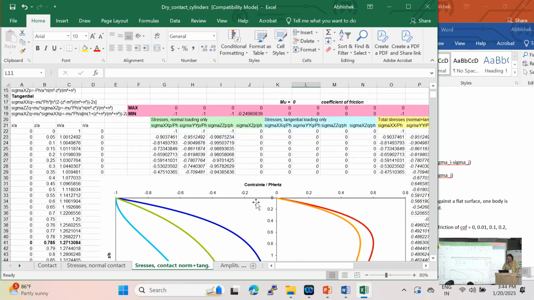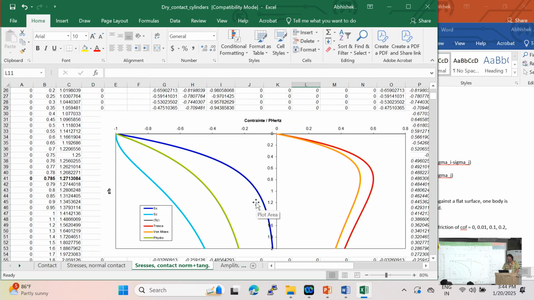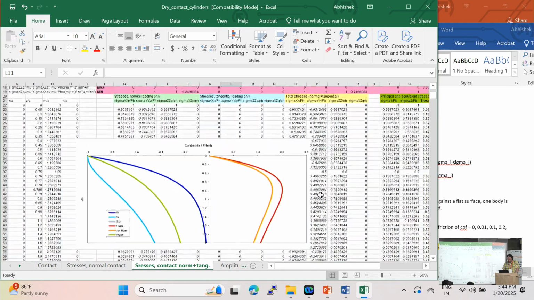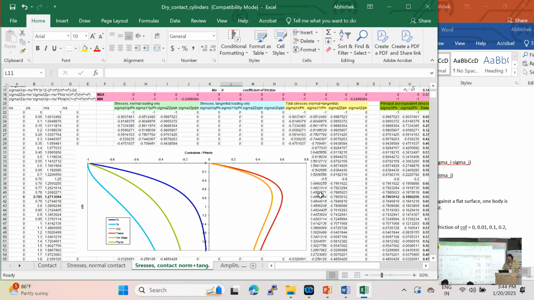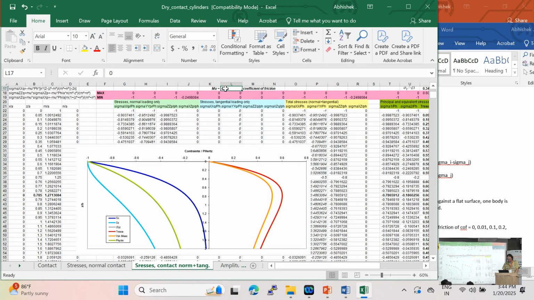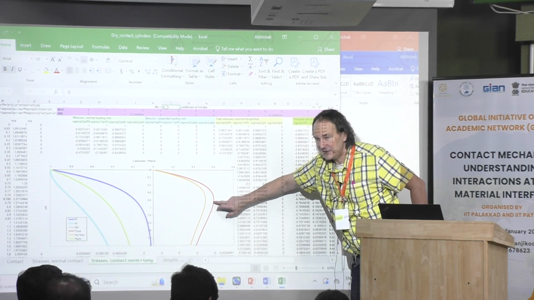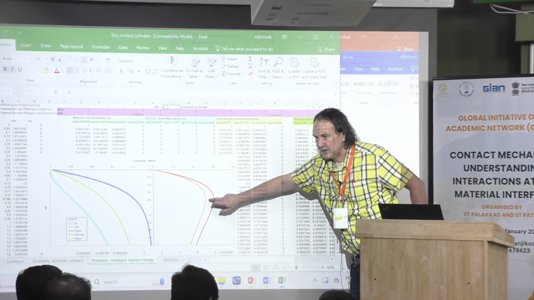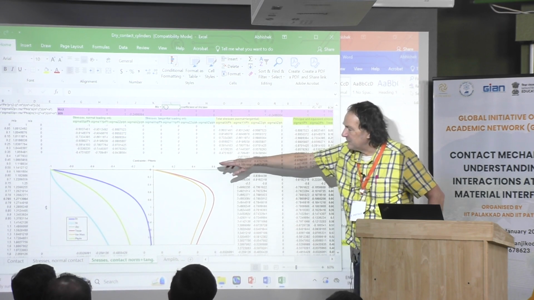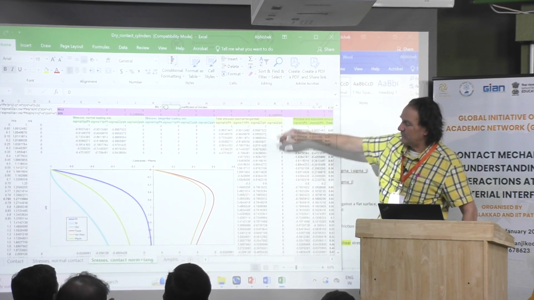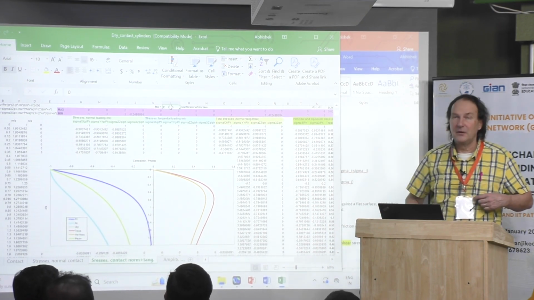Okay, this is the same figure. Now what is interesting is to see the change. Just have a look only at these two figures, the von Mises stress and the Tresca stress. Now observe what will happen if I change the friction coefficient.